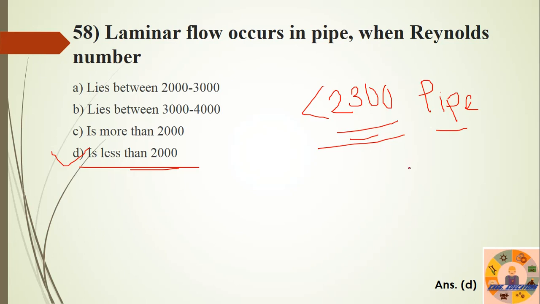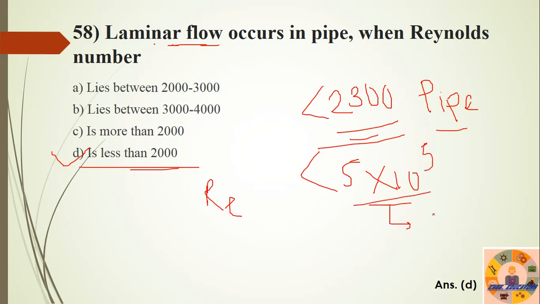And in flow over plates, for laminar flow the Reynolds number must be less than 5 into 10 to the power 5 for flow over plates. So the right answer for this question will be option D.